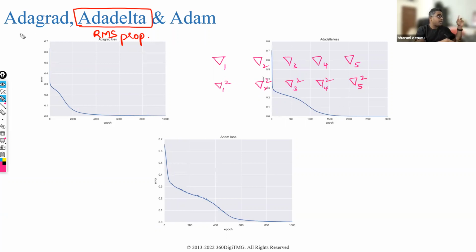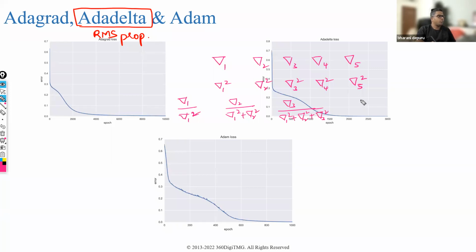And in AdaGrad, what were we doing? For this, grad 1 by grad 1 square. For this step, it was grad 2 by grad 1 square plus grad 2 square. At this step, it is grad 3 divided by grad 1 square plus grad 2 square plus grad 3 square.